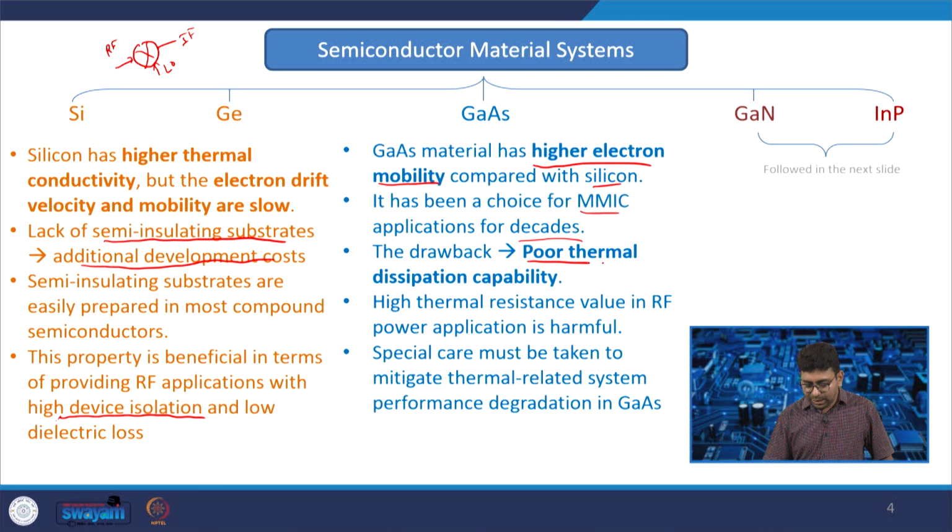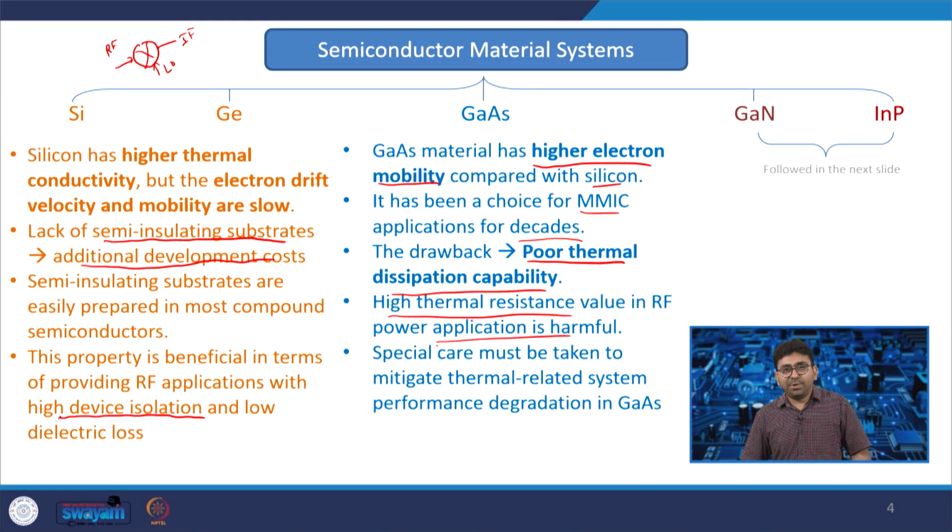While designing a power amplifier, or very high power circuits, a special thermal analysis needs to be done, because of this poor thermal dissipation capability, and sometimes applications are also limited. The high thermal resistance value is harmful in RF power applications, and special care must be taken to mitigate the thermal related system performance degradation in gallium arsenide.